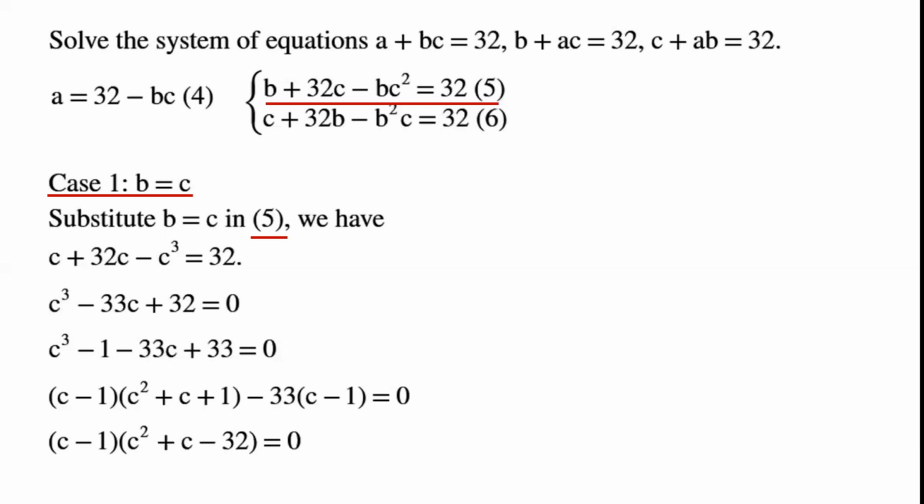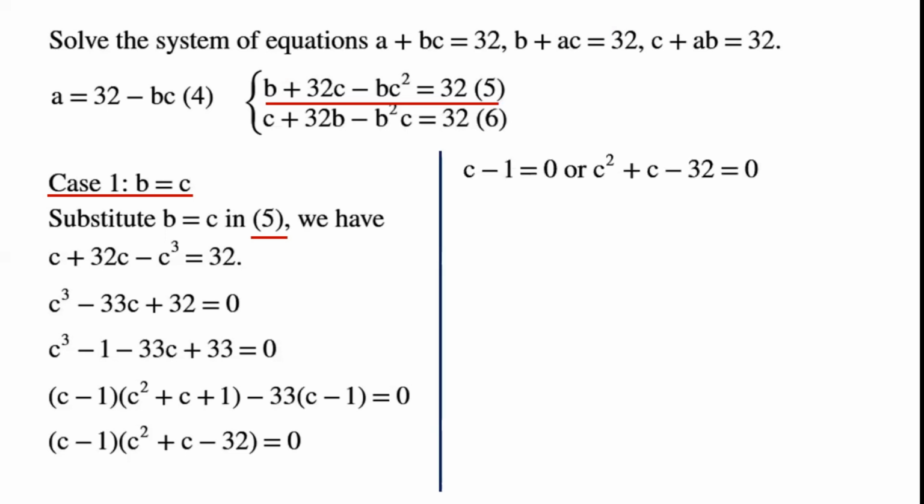The two terms have a common factor, C minus 1. So we can now write (C minus 1) times (C squared plus C minus 32). So either C minus 1 equals 0 or C squared plus C minus 32 equals 0.